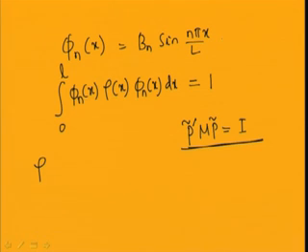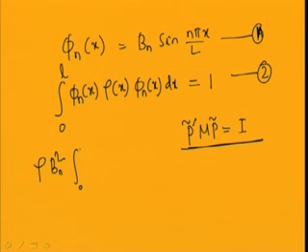Substituting the first equation in the second, I can write rho B n square integral 0 to L sin square n pi x by L dx equal to 1.